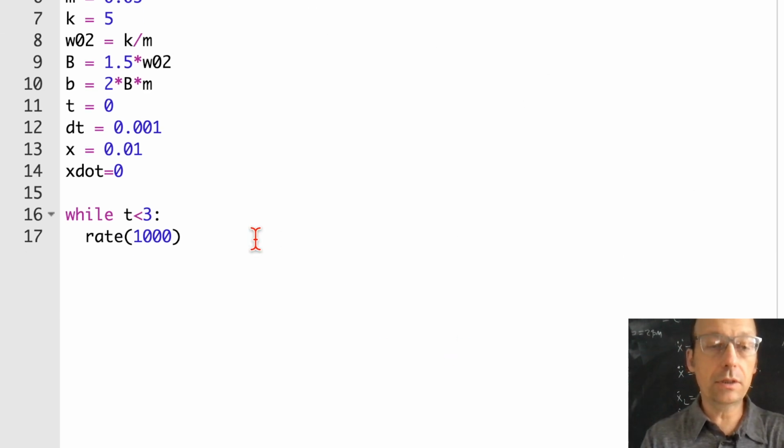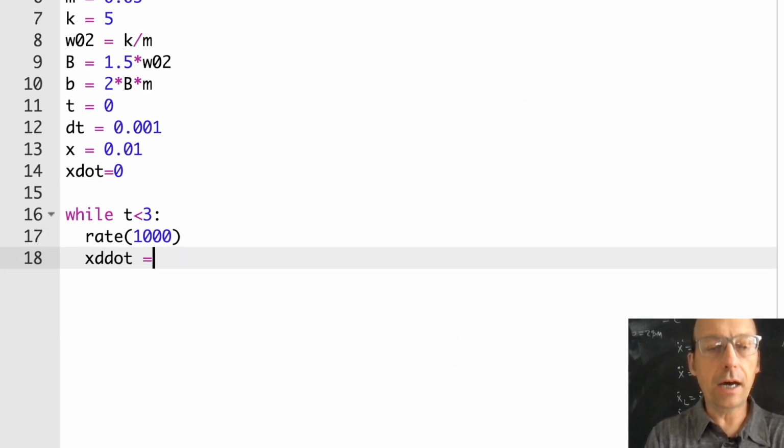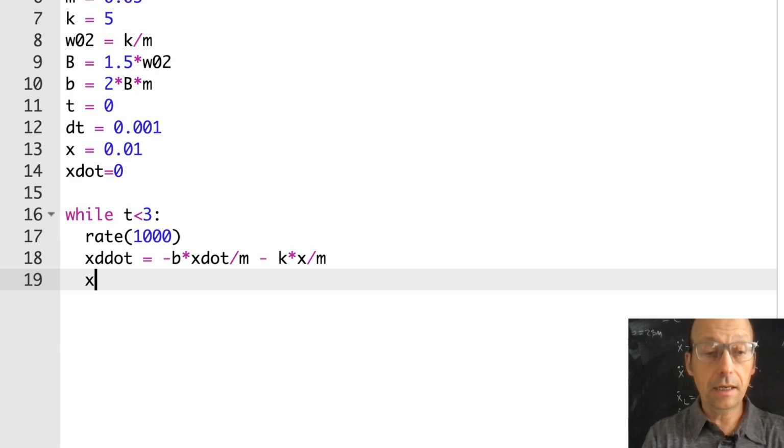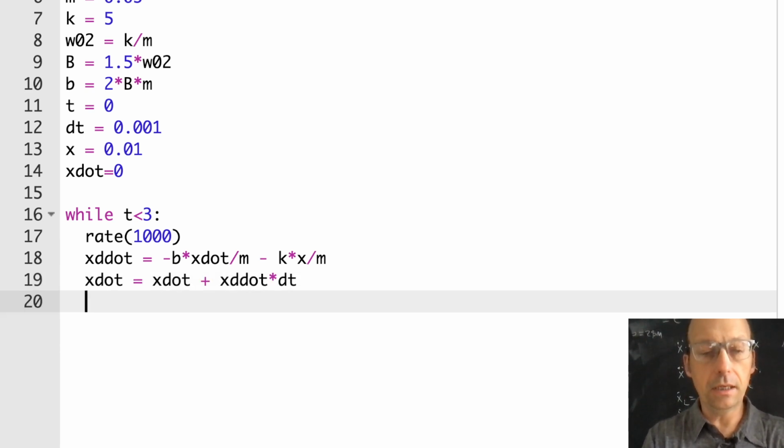So the first thing to do is to calculate the acceleration. x double dot is equal to negative b times x dot divided by m minus k times x divided by m. Now I can update x dot. x dot equals x dot plus x double dot times dt. x equals x plus x dot times dt.